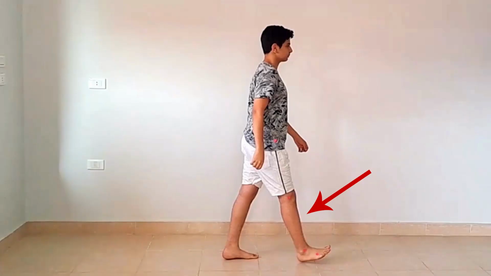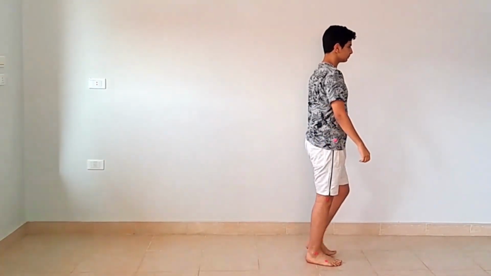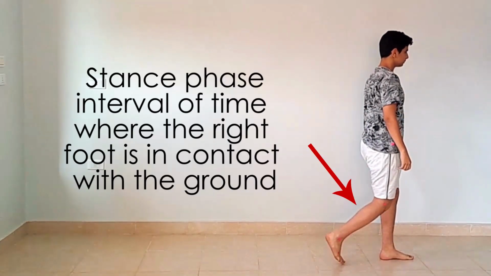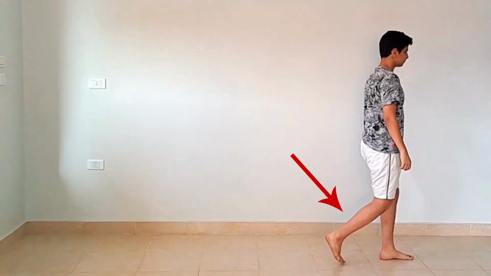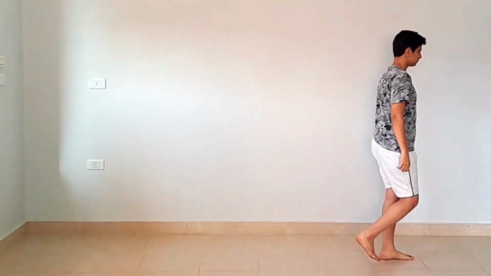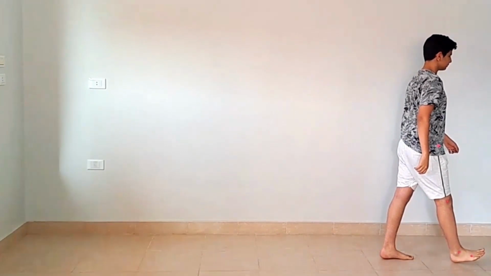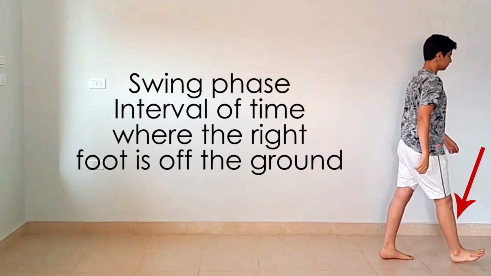From the moment the right foot contacts the ground until the last moment when the tips of our toes leave the ground, this interval of time is called the stance phase. On the other hand, from the moment the right leg is off the ground until the moment it contacts the ground again is called the swing phase.